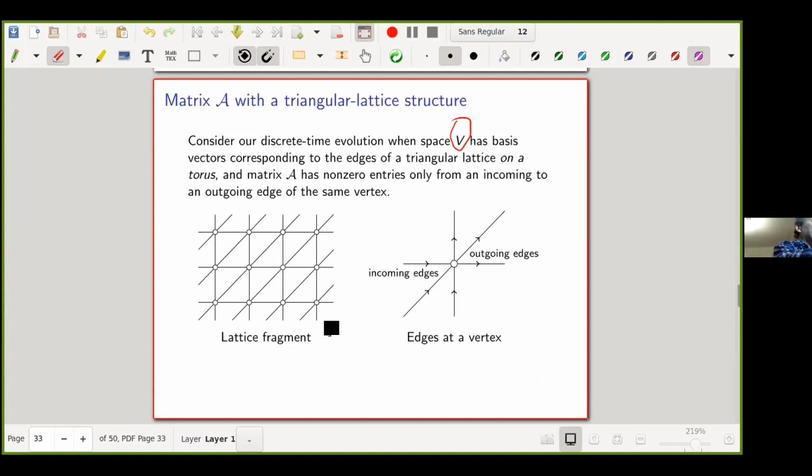let us impose some special structure on this matrix A beautiful.